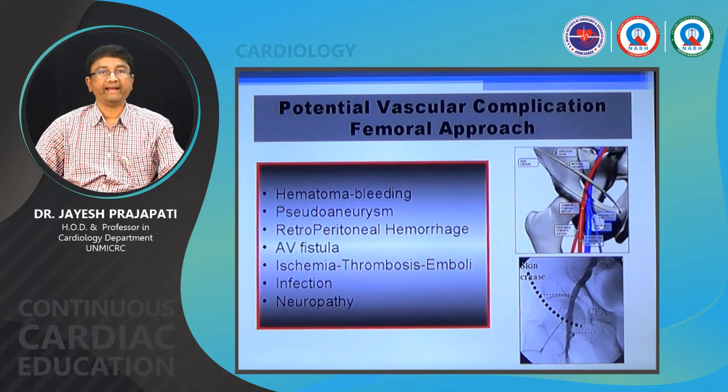Retroperitoneal hemorrhage is a very dangerous thing. Suppose your wire goes into the inferior epigastric artery and perforates it, and sometimes extravasation, or a higher puncture, can cause retroperitoneal hemorrhage. This we cannot feel directly, but sometimes you can know it by guarding, rigidity, or by palpating the back, a tense abdomen, or the patient develops vomiting and repeated vasovagal.